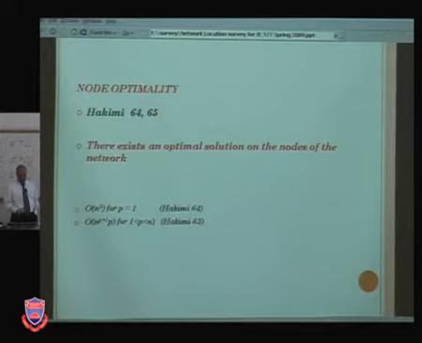So this leads to an order of n squared algorithm for the single median problem. And for the general p problem, it leads to a finite but exponential algorithm, with n choose p times p algorithm. Okay?